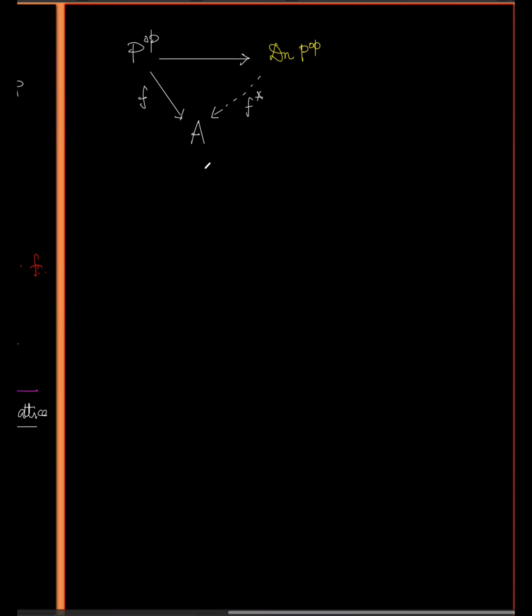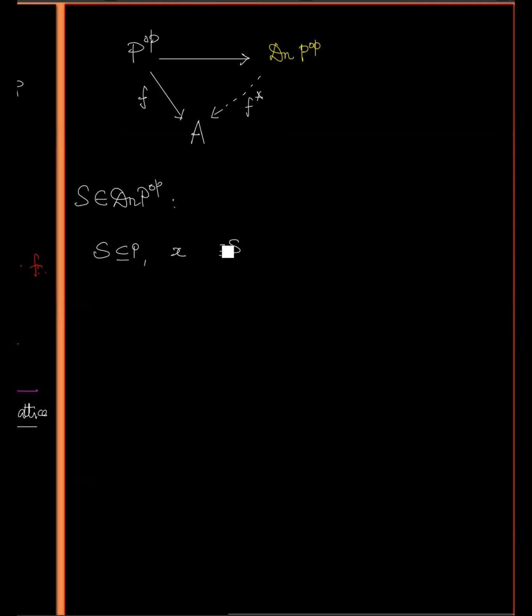Now let's unfold this. So suppose if we have a downset of P op, so what does it mean? So firstly S is a subset of P, and if this is the case, remember this is the opposite order, so let me write it in this way.